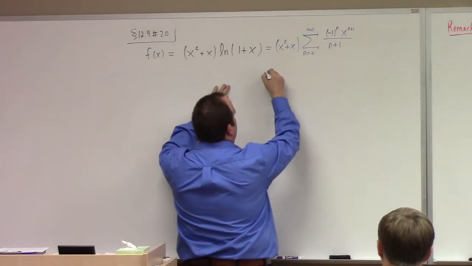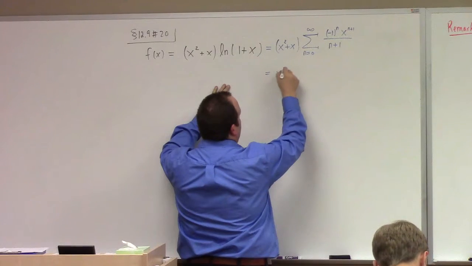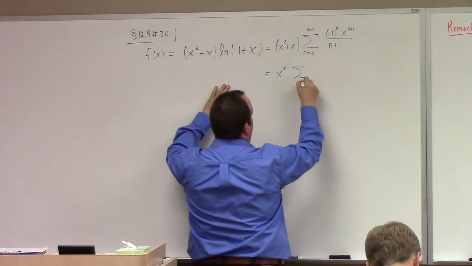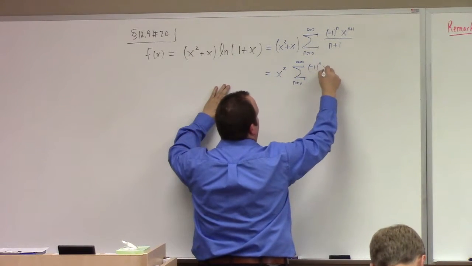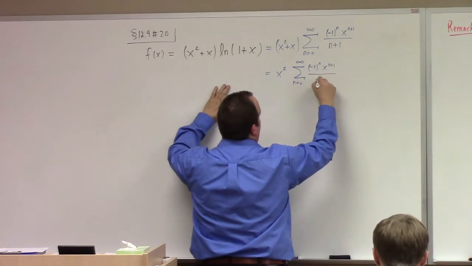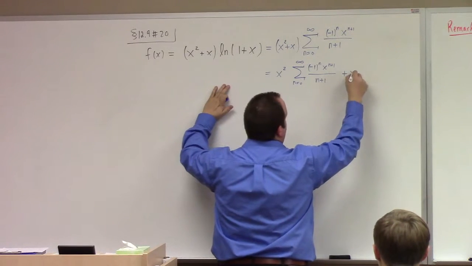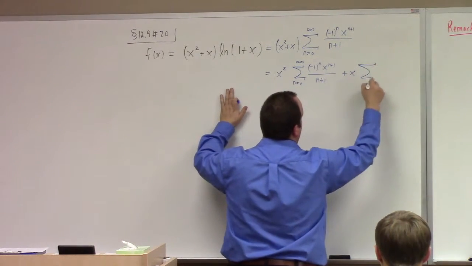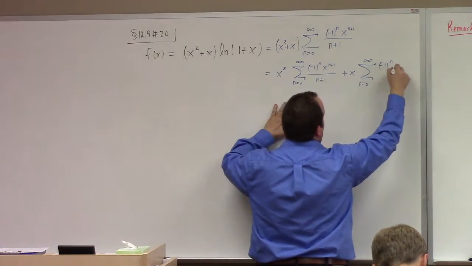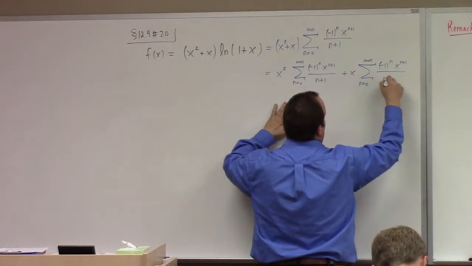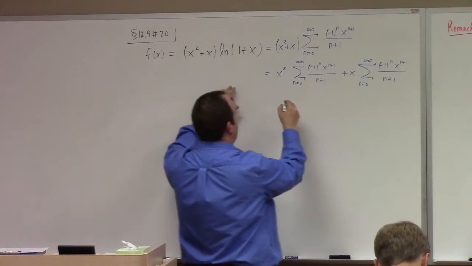And so we can distribute, we have x squared times the sum and then plus x times the sum, right? Then you bring the x in.